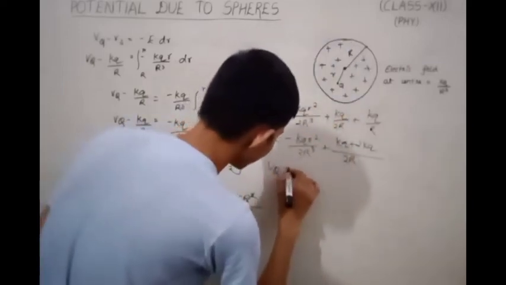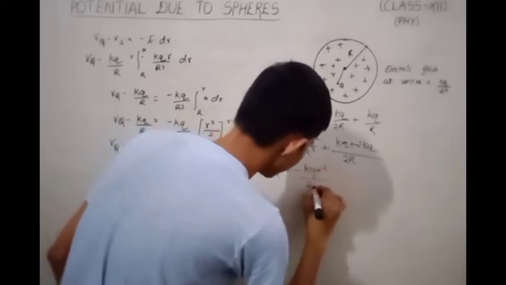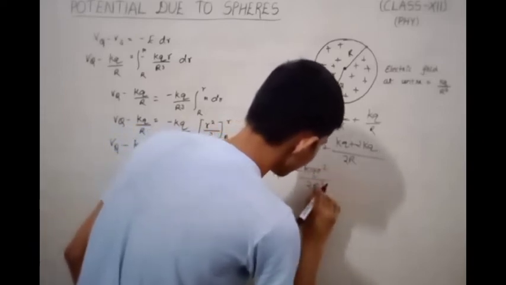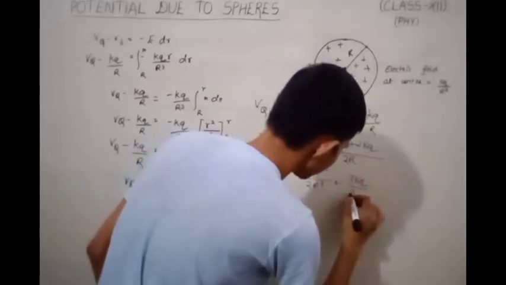So Vq equals minus kq r square divided by 2R cube plus 3kq divided by 2R.